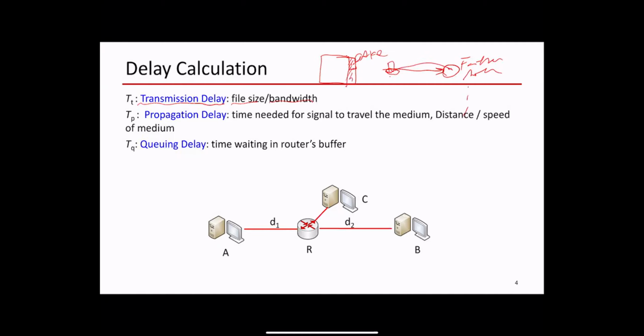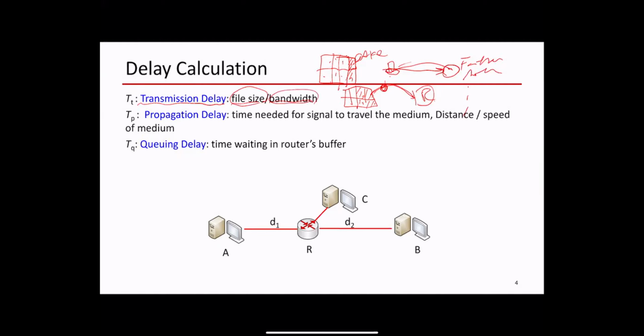So the whole chunk needs to be divided and delivered. In terms of the network, if I have a movie, I have to divide it into small video chunks, then deliver them to the receiver, because your network can handle only this much at a given time. So transmission delay is usually file size divided by bandwidth.